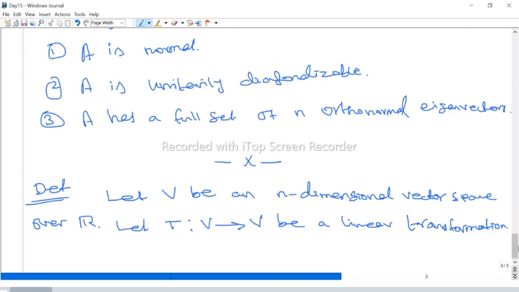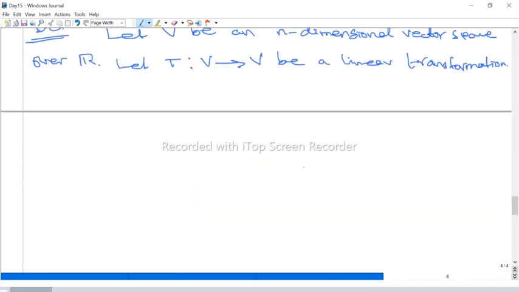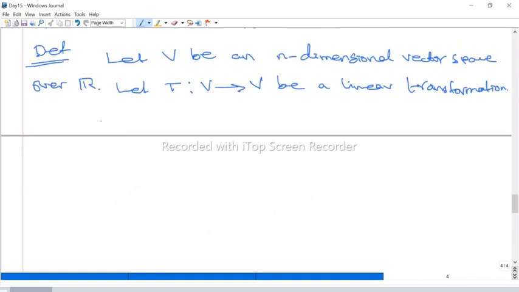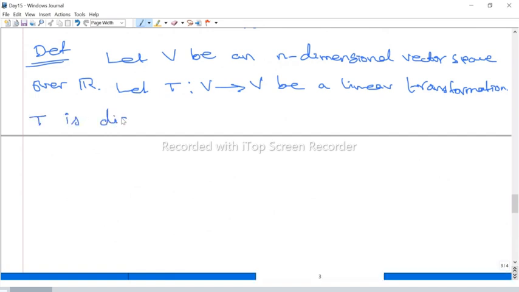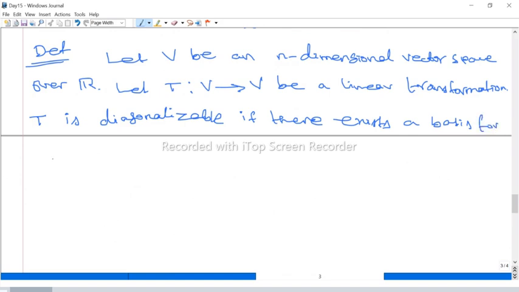And we say the operator, the linear transformation T is diagonalizable, if there exists a basis for the domain, and the codomain is anyway the same.